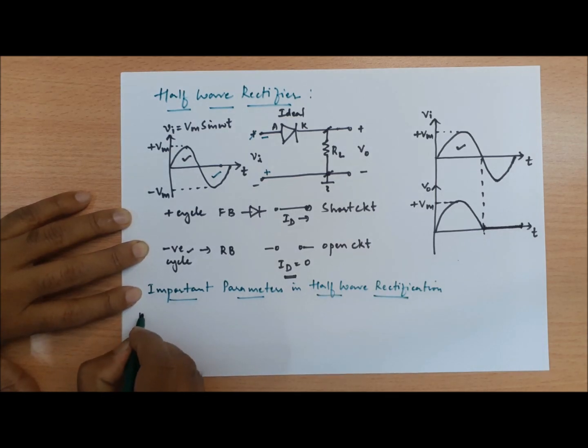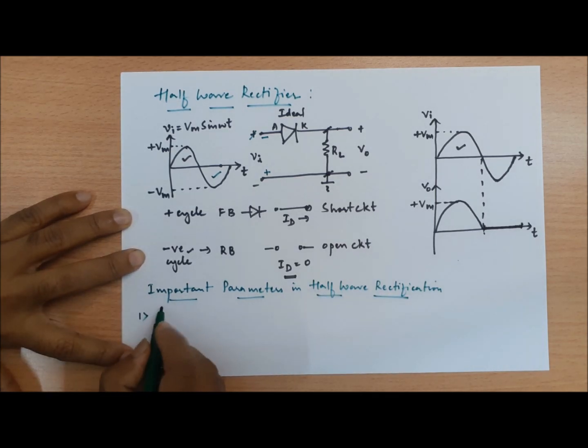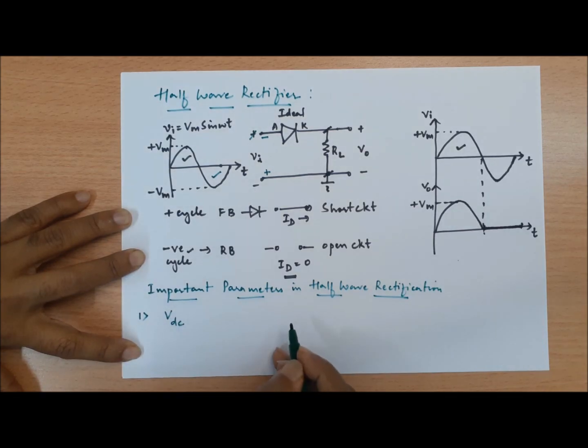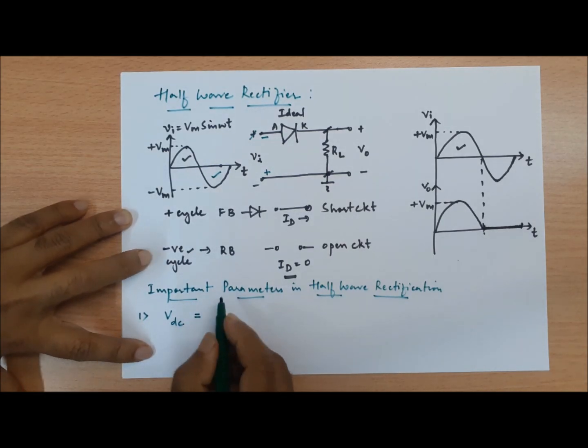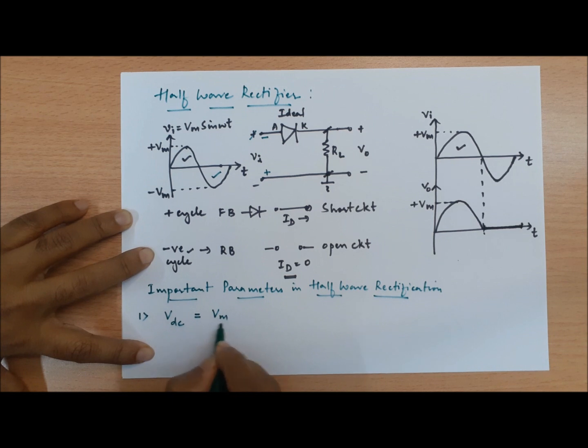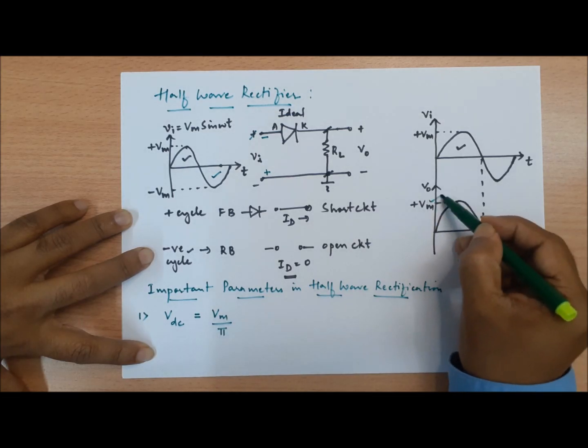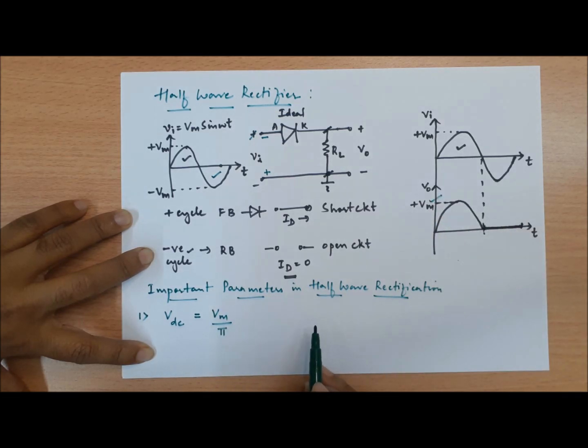The first important parameter is VDC. What is the value of VDC? It is Vm upon pi, where Vm is the maximum peak voltage.